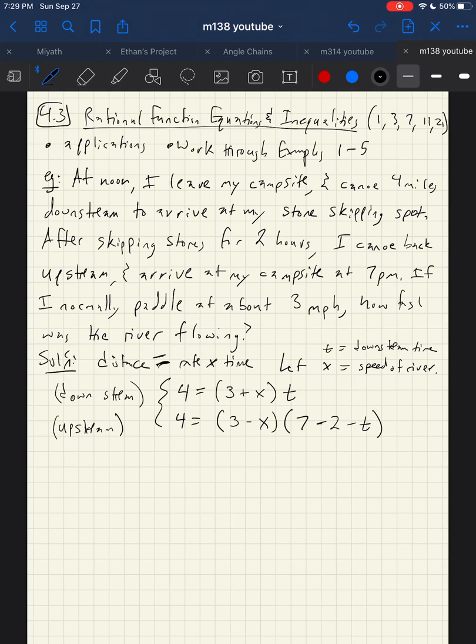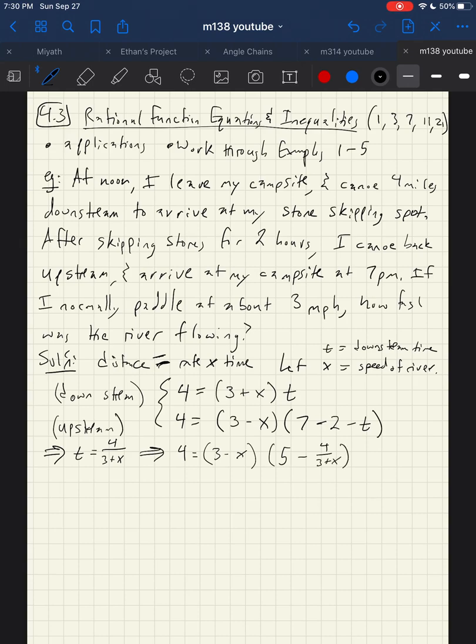Well, I can solve the first equation for t in terms of x, and I get that t equals 4 over 3 plus x. Now I can plug that into the upstream equation, and I get 4 equals 3 minus x times 7 minus 2 is 5, so 5 minus, and now I write in my expression for t, 4 over 3 plus x.